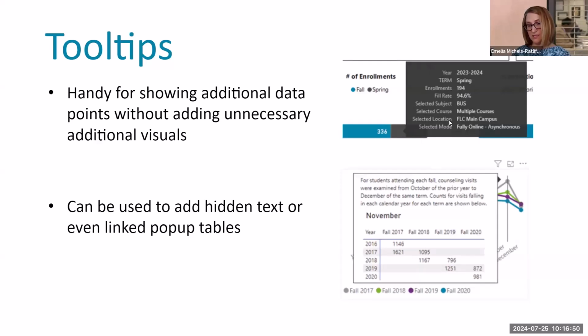So without building any extra charts, it's just telling you everything about the data that's in there in just a little condensed tooltip. To get a little bit more advanced there, you can build an entire extra tab of your report and format it as a tooltip that's hidden. And as long as you format it as a tooltip, you can drag that page of the report into a tooltip.